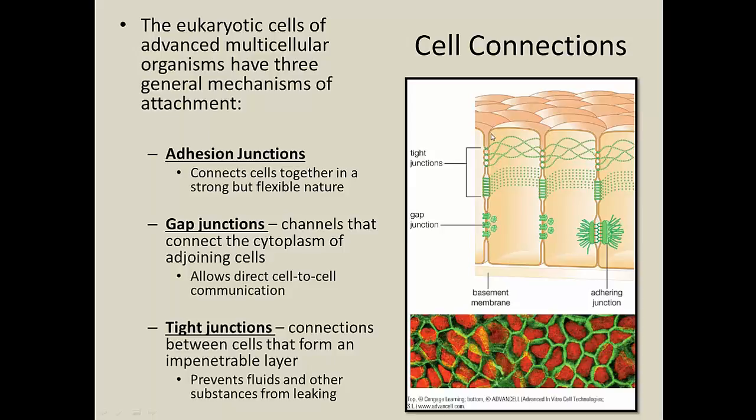So tight junctions really seal the gaps between cells, so there's a watertight layer, so to speak, whereas adhering junctions just loosely connect them so that they're still strong but more flexible. So these are 2 different adherent mechanisms, and the gap junctions are more for signaling. These are ways that cells can group together, as you see here.